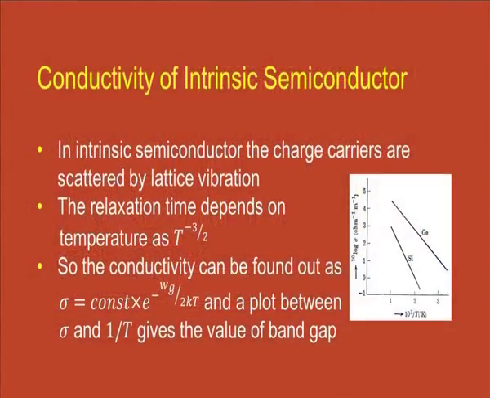And if we plot the variation of conductivity with respect to temperature, the slope from the curve will give the band gap. So, in another way we can also find out the band gap of the material by observing the variation of conductivity of the material with respect to temperature.